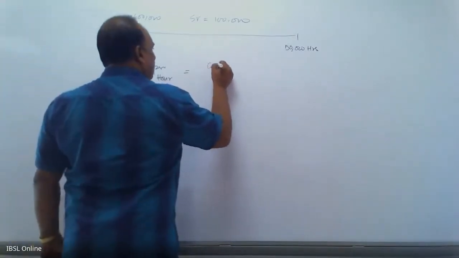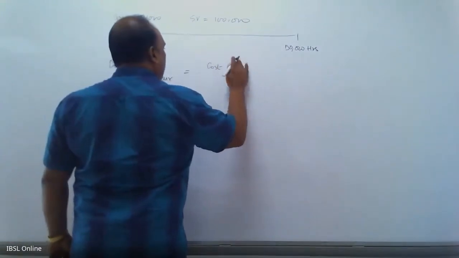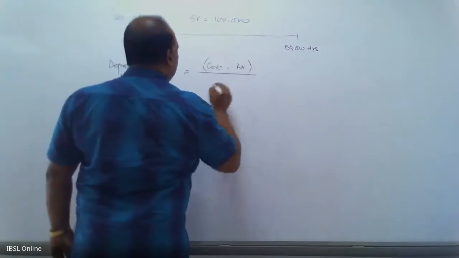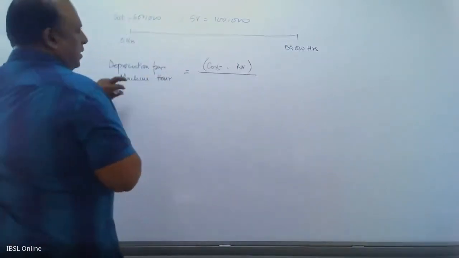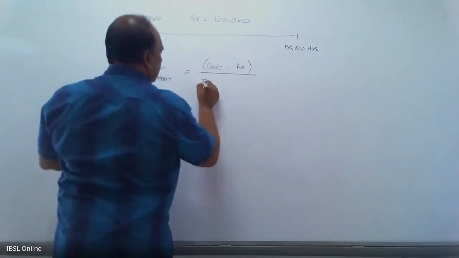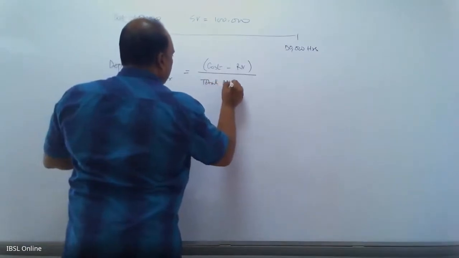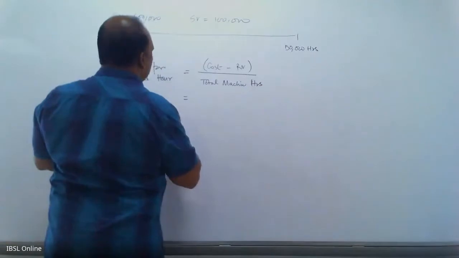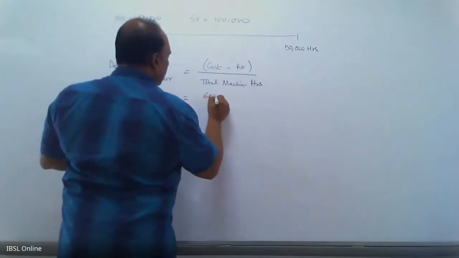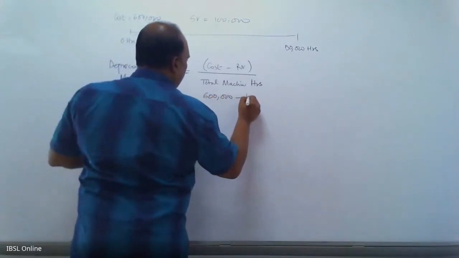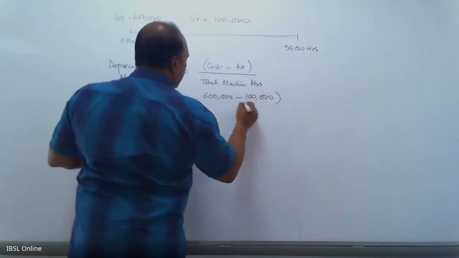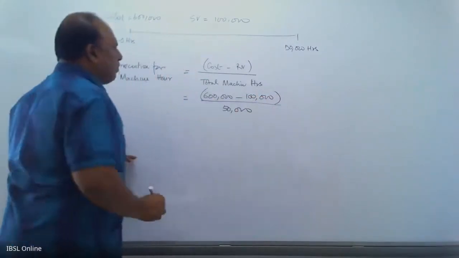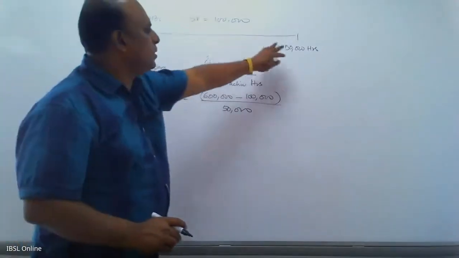Cost minus scrap value or residual value, whatever, divided by the total machine hours. So what does that mean? 600,000 minus 100,000 divided by 50,000, because I'm going to use this machine for 50,000 hours.